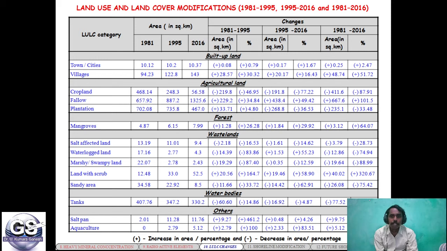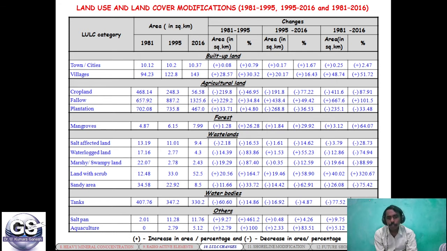The prepared table shows that the major part of the changes is noticed in agricultural land, particularly cultivated land. That means cropland and plantations show a major decrease. Another aspect is that fallow land gradually and tremendously increased during this period, followed by the agricultural land features.